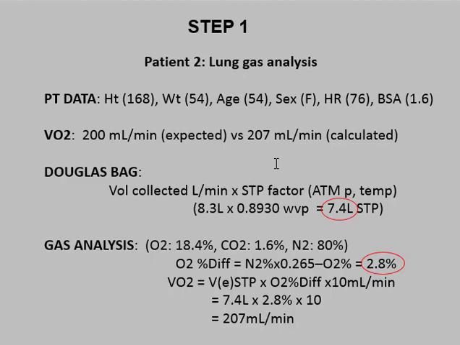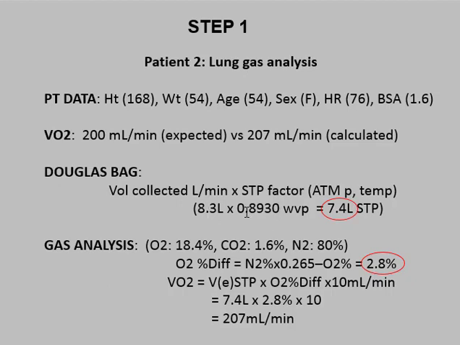So to quickly recap, the Douglas bag collects gases contaminated with water. So we have to compensate, and we can do that by using a chart that gives us a value to compensate for that. So we have that patient's volume through our volume counter.